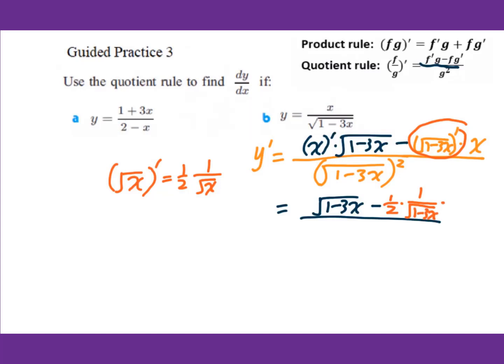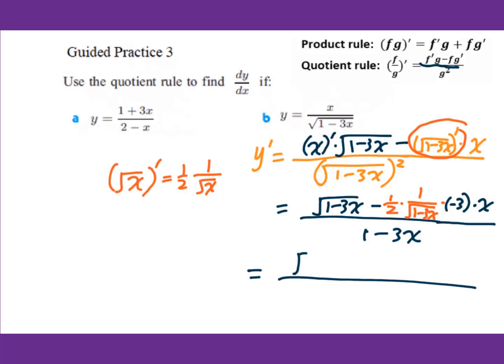Don't forget the chain rule. The derivative of 1 minus 3x, that will be negative 3, then times x. Over, for the square root of 1 minus 3x squared, it will be 1 minus 3x. So we organize the top.